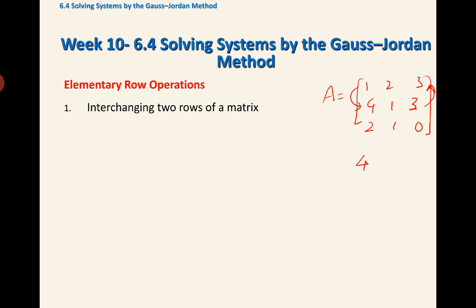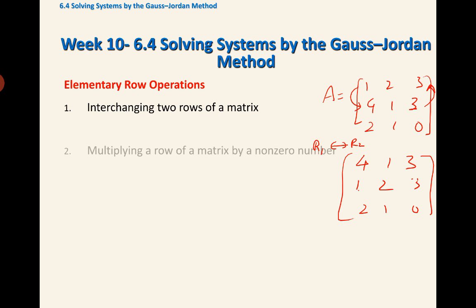I am writing this as R1 and R2 interchanged. R1 stands for row 1, R2 stands for row 2. R1 is replaced by R2, 4 1 3, whereas R2 will be 1 2 3. So 2 1 0 remains there. You can interchange any two rows any number of times.